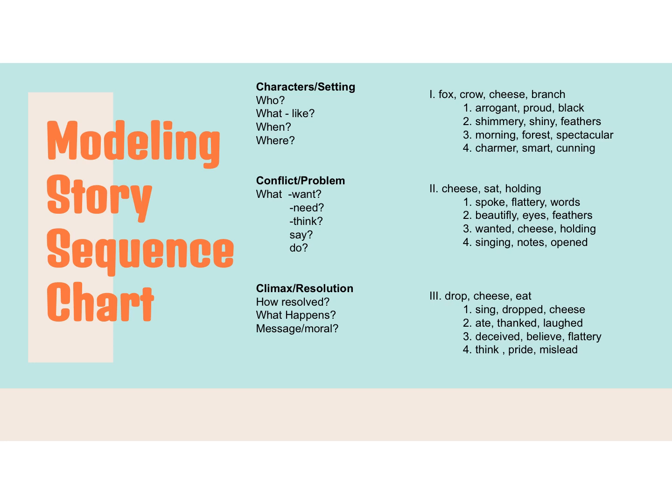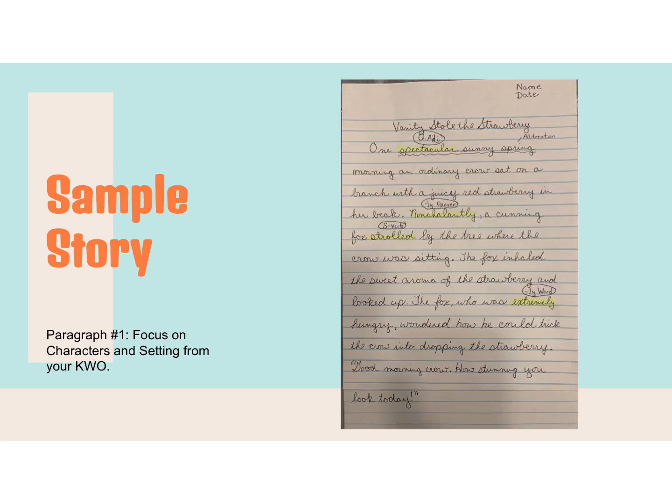And the third set of keywords is your climax and resolution, which they'll be using in their last paragraph to use these questions to tie up their story so that each paragraph has a purpose.